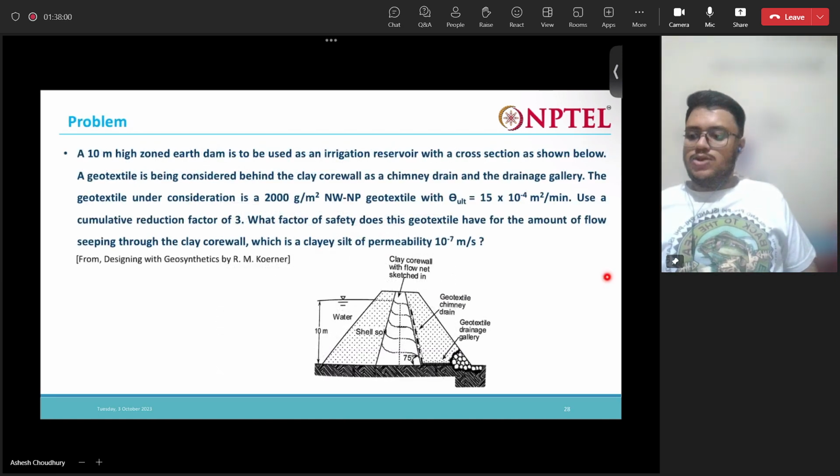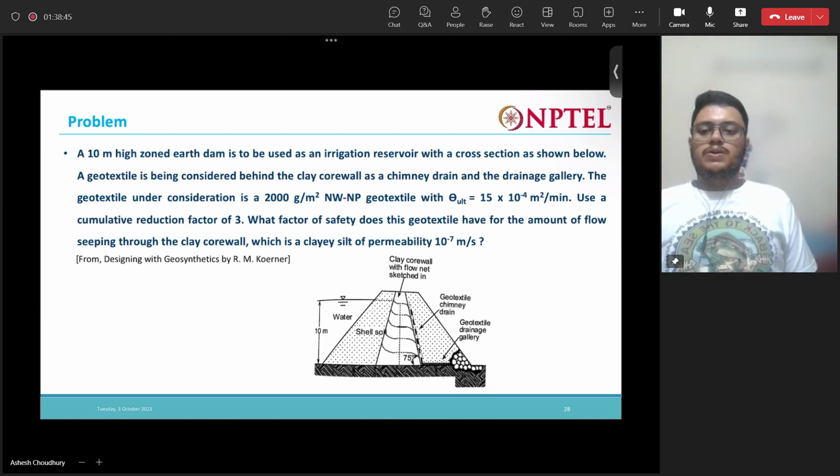Okay, so now let us see the problem. A 10-meter high zoned earth dam is to be used as an irrigation reservoir with a cross section as shown below.